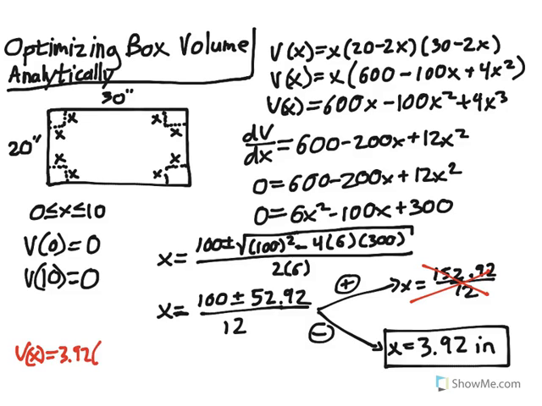V of x is going to be 3.92 times 20 minus 2 times 3.92, times 30 minus 2 times 3.92. And our maximized V of x comes out to 1056.3.